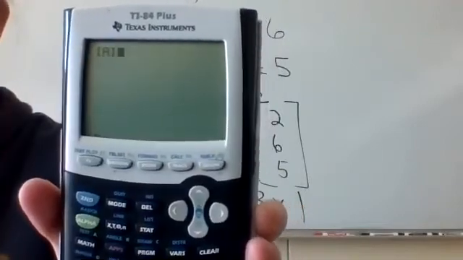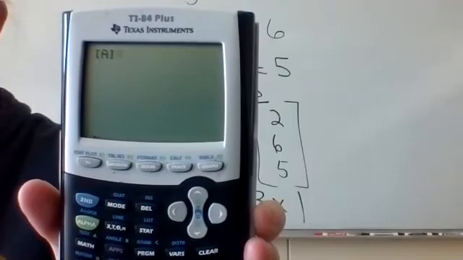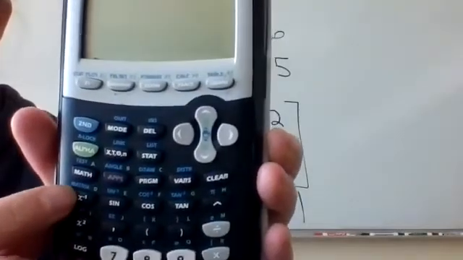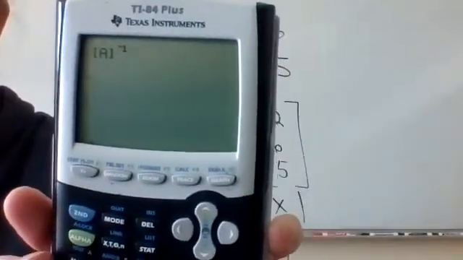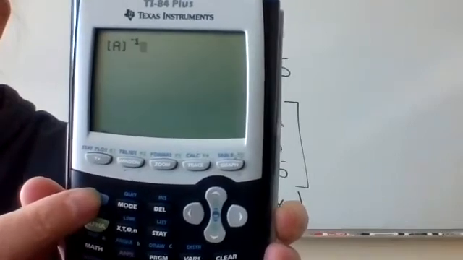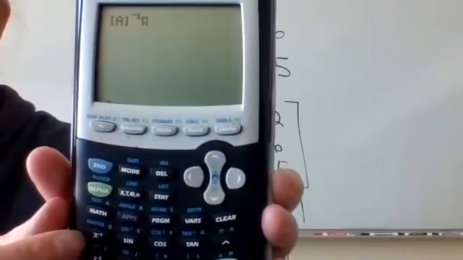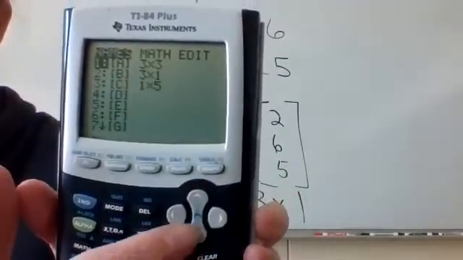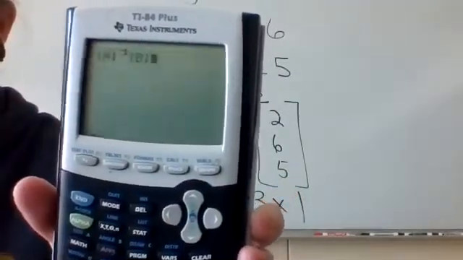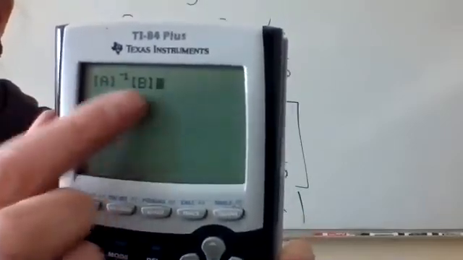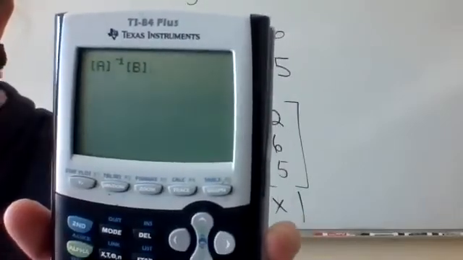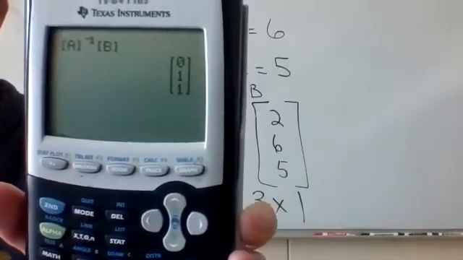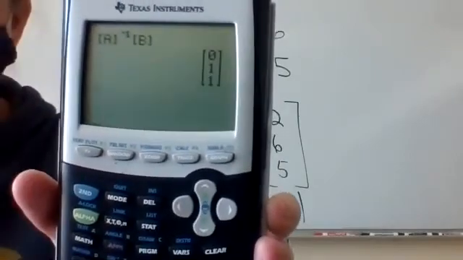So you want matrix A. Hit your X to the -1 button. Now second matrix. Don't forget to go down to B. So make sure you have an A and a B here with a -1 in between. Hit enter, and there is your ordered triple answer.